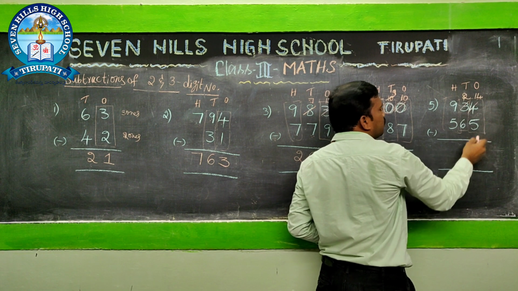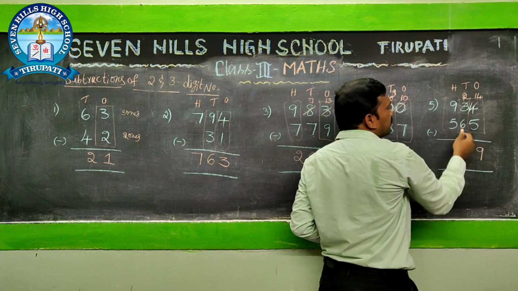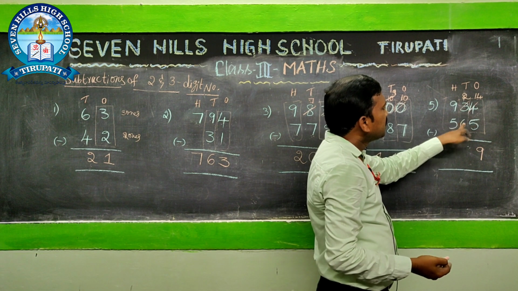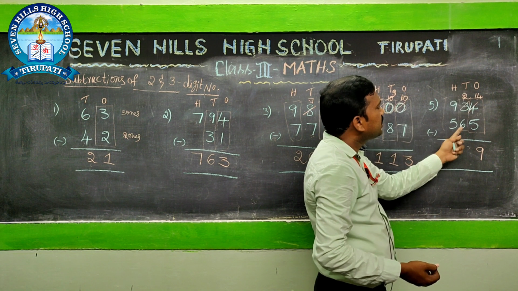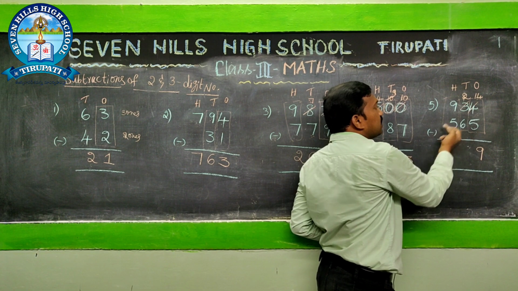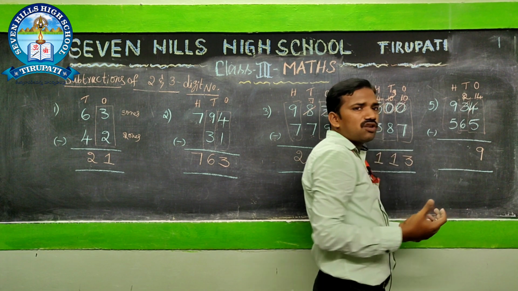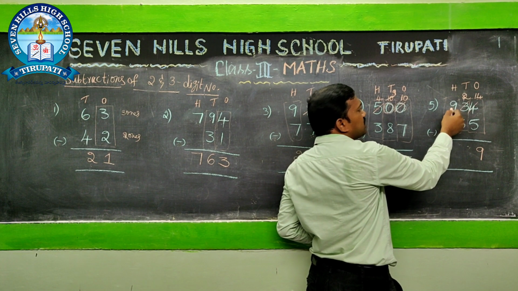14 minus 5 is 9, and 2 minus 6 we cannot. Here 6 is there, here 2 is there. That means here 2 tens is there and here 6 tens is there. We want to subtract 6 tens from 2 tens. It is not possible, right? Again we take borrowing from the hundreds column.